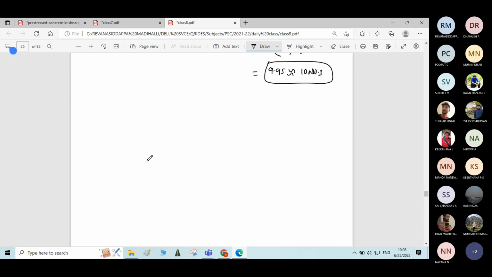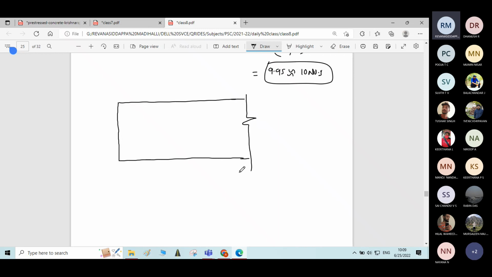Now you can write the reinforcement details.